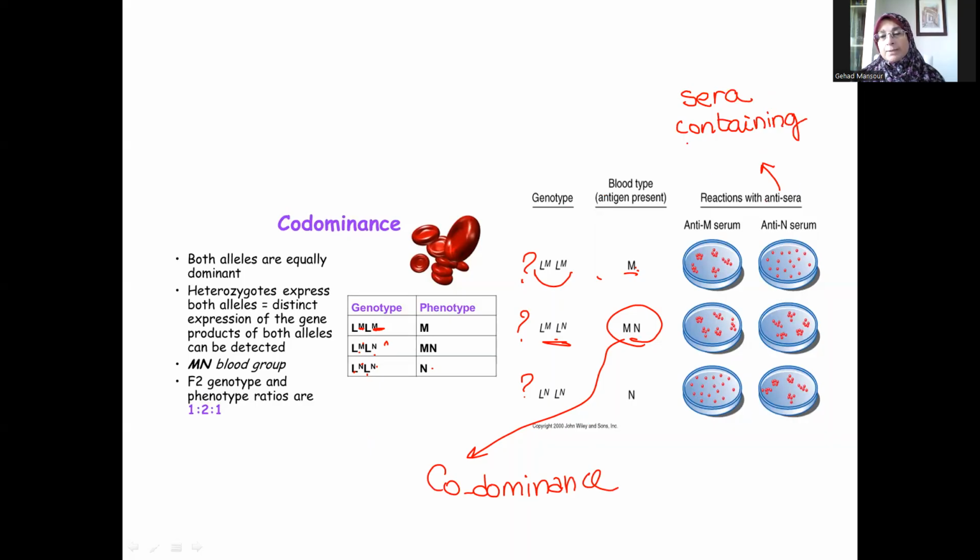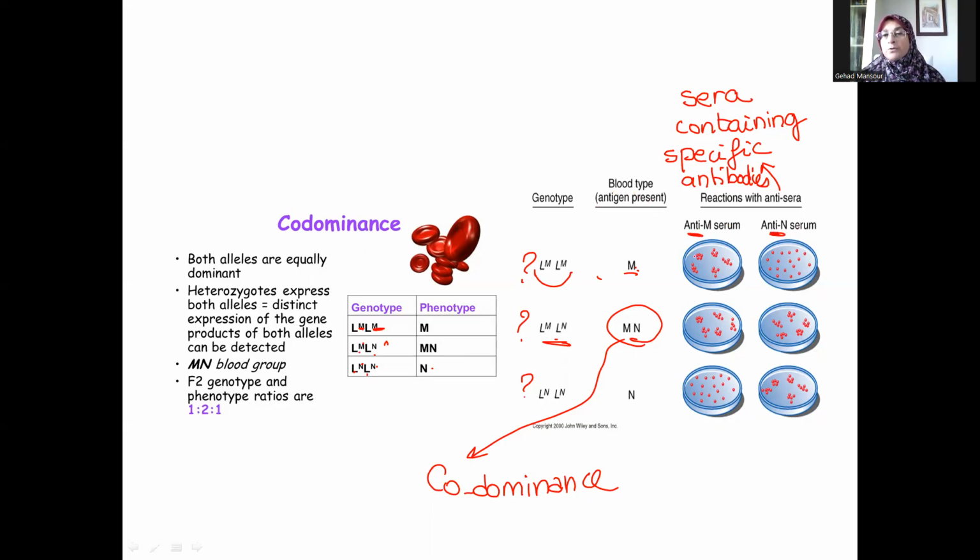I'll take a peripheral blood drop from my finger, divide it into two, spread it on a slide, and then add anti-M to one drop and anti-N to the other.